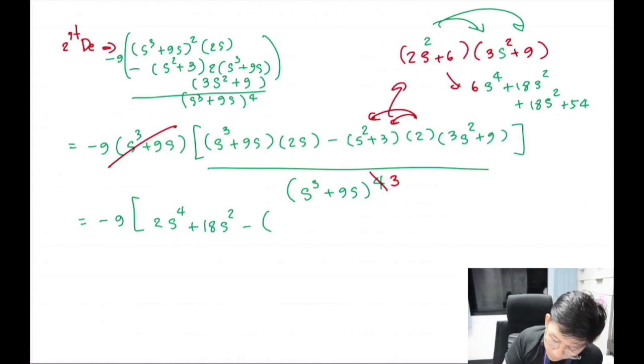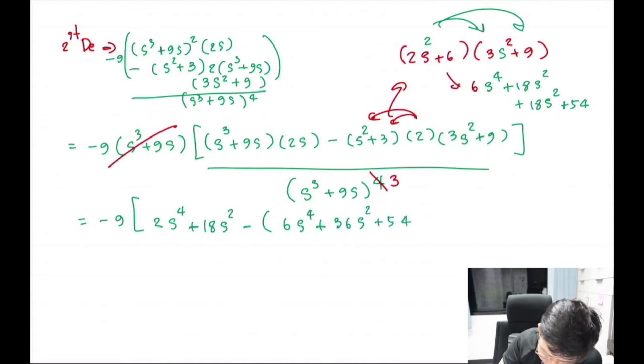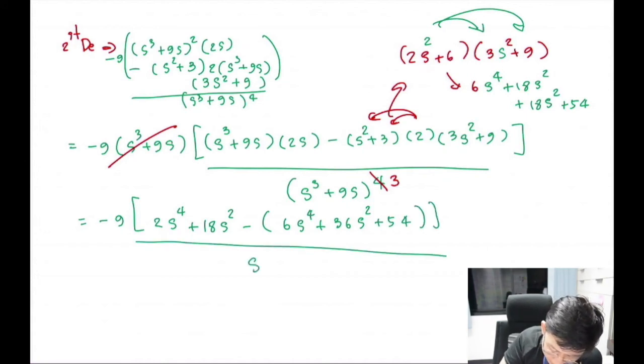Okay, so we have 6s to the 4 plus 18s squared. It's actually plus 36, right? 36s squared plus 54, and then divided by s cubed plus 9s to the 3.